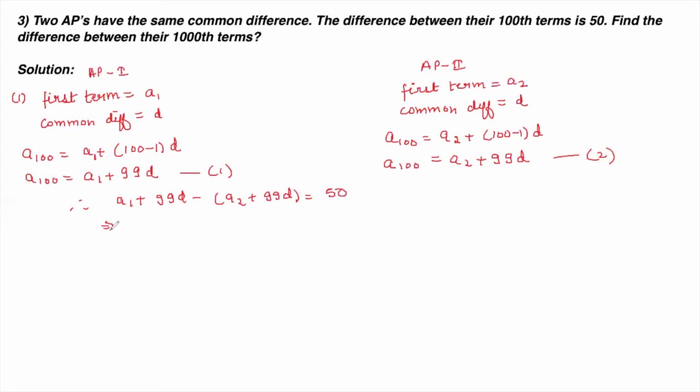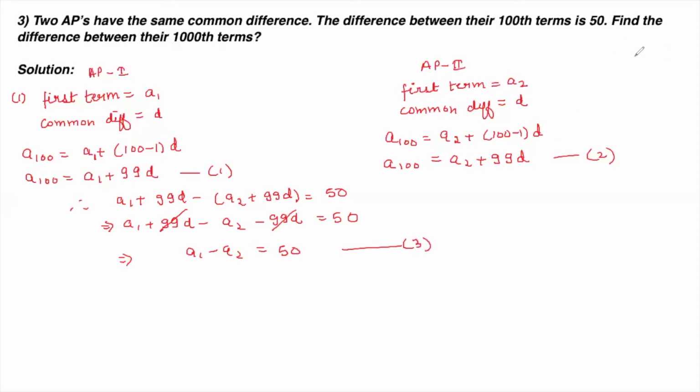Or I can say A1 plus 99D minus A2 minus 99D, I have opened the brackets, is equal to 50. So 99D will get deducted and I'll get A1 minus A2 as 50. So this is my third equation.